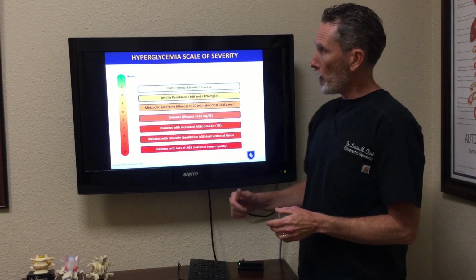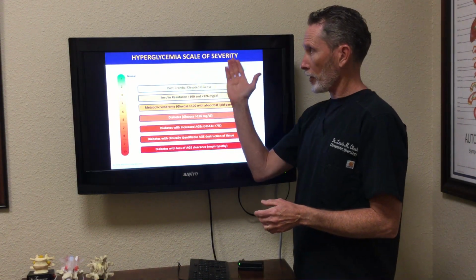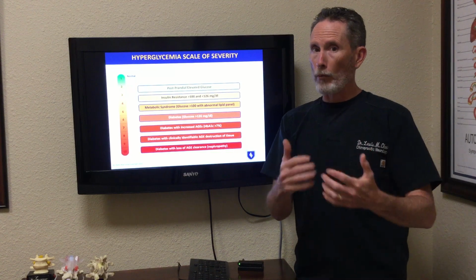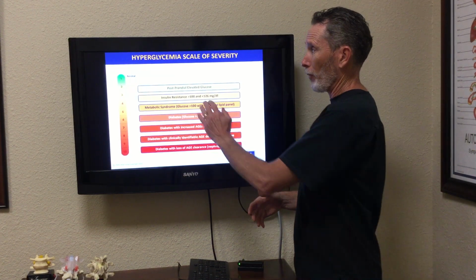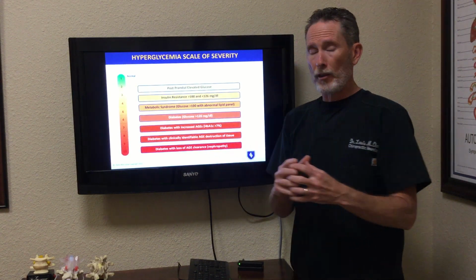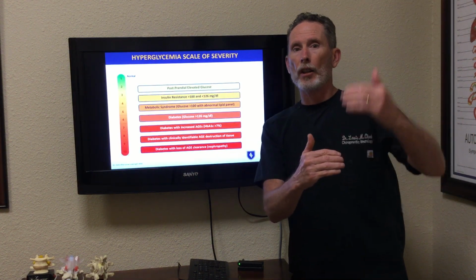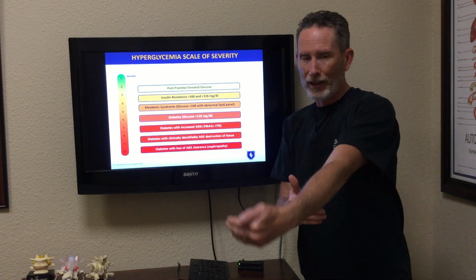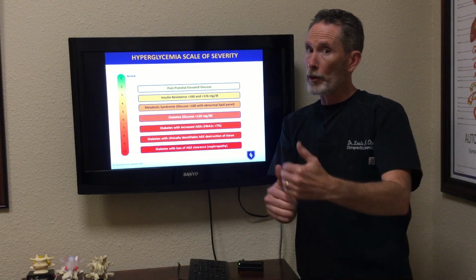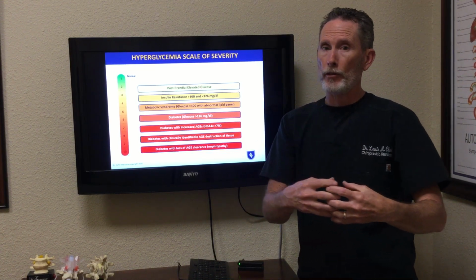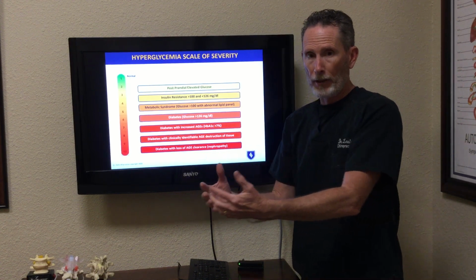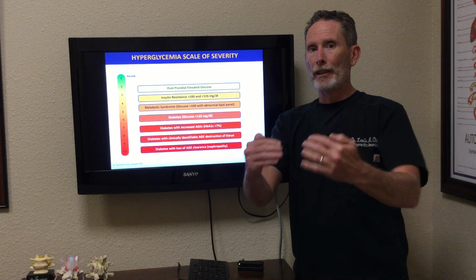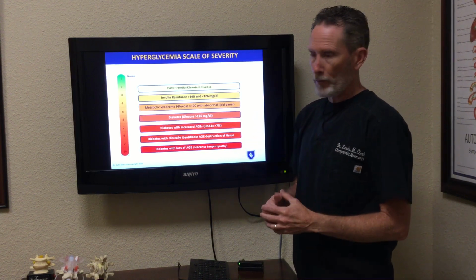The hyperglycemic scale of severity has a lot more going on, and this is a lot more common. First, the person has elevated glucose after they've eaten. This is where it starts, because you're eating either too many calories or the wrong type of calories, and you lose your ability to keep your blood sugar in check after your meals.